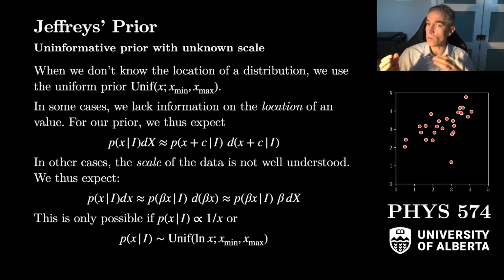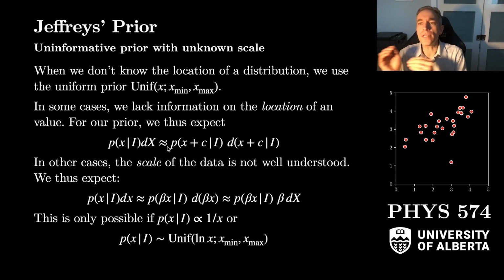And so we parameterize that by saying we don't know the location of this point. And so we'd expect for a prior that the interval of the prior conditioned on background information as a function of dx is going to be roughly translation invariant. So if I add a constant c to that value, I end up with about the same value.